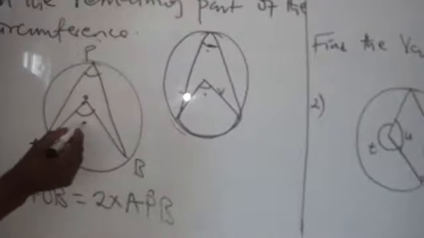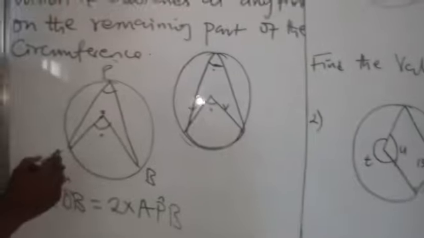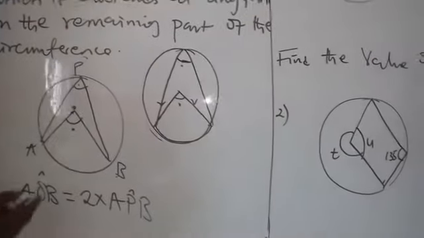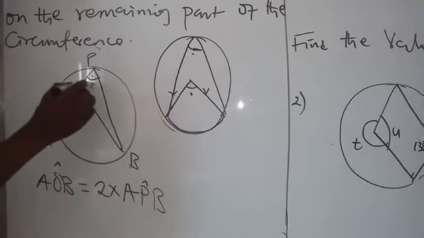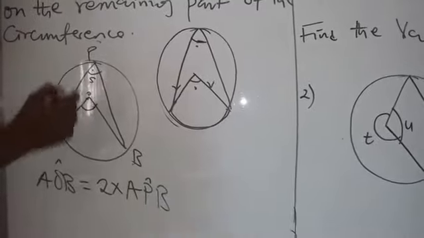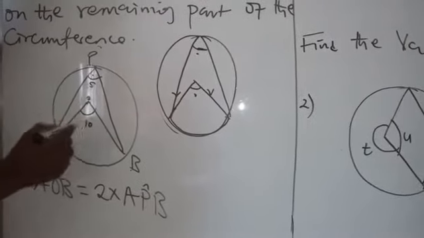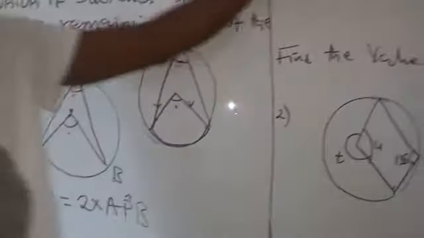AOB is equal to 2 times ABB. So what it means is that if here is 5, to get what will be here, I will multiply this by 2, and here will be 10, that is 2 times 5.